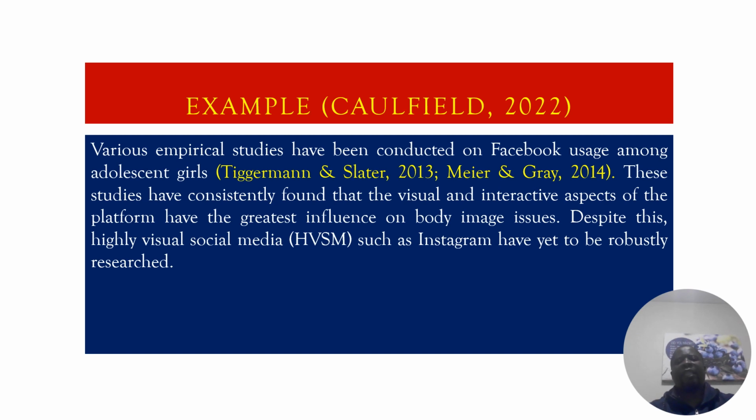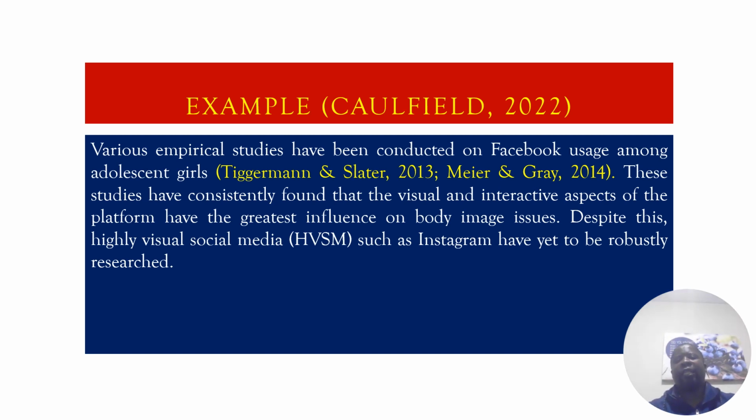So by this statement, he is actually conceptualizing. He's highlighting what has been studied or what is actually known. Then what is not known is these studies have consistently found that these are the findings, and so on. Despite this, highly visual social media such as Instagram have yet to be robustly researched.